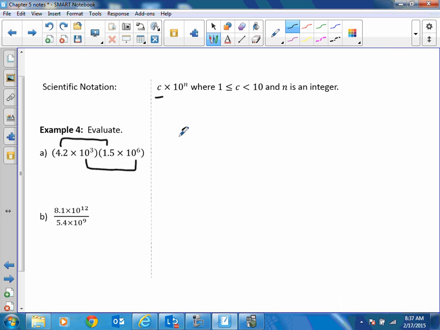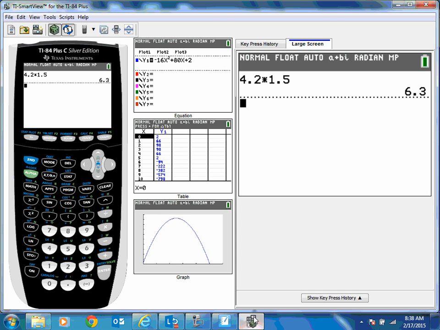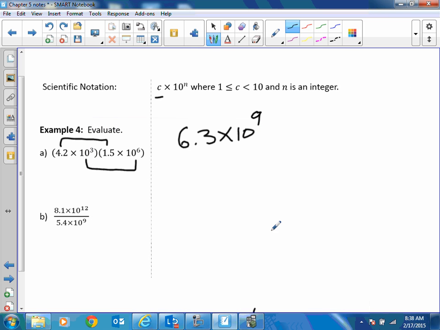So we got 6.3 times 10 to the, and then you just add the exponents. 3 plus 6 is 9, so 6.3 times 10 to the 9th. Make sure I did that one. Yeah. Okay. So that'll end up being our answer on that.